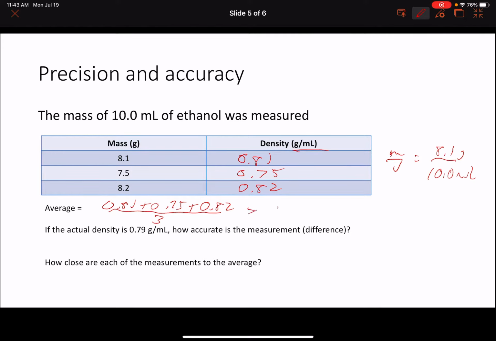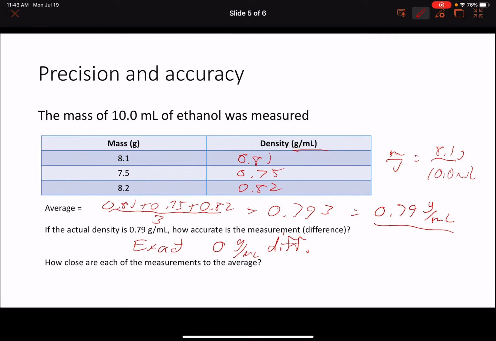We're left with 0.793, which to the right number of significant digits is 0.79, and I should put units on there, grams per milliliter. That is our average density. The actual density is 0.79 grams per milliliter. So how accurate is it? We're exact. There's 0 grams per milliliter difference in our accuracy.